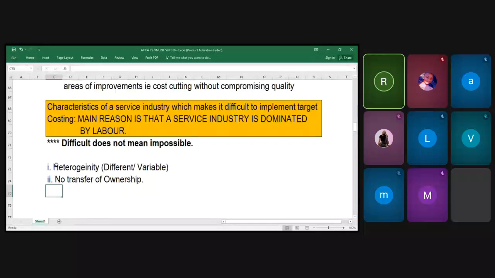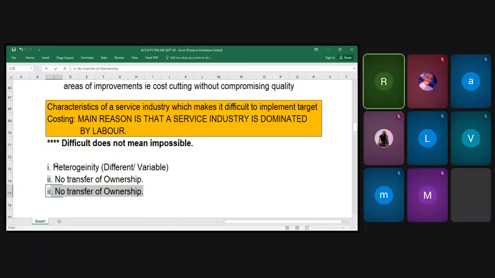But if you go to the dentist, you get treated. There's nothing that you get home with. The dentist will remain a dentist. You will remain a patient. Even if you go back for a checkup, you still remain a patient. So there is no transfer of ownership, unlike a good manufacturing company.